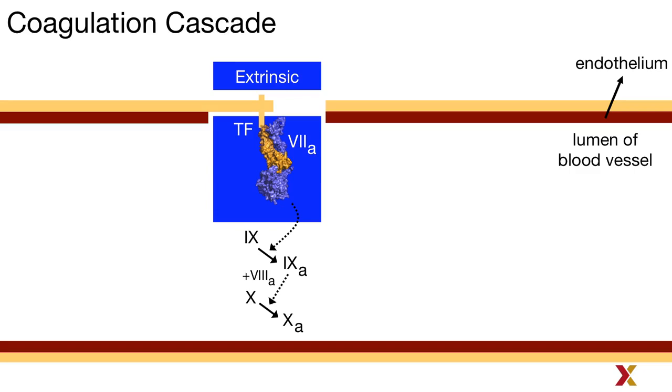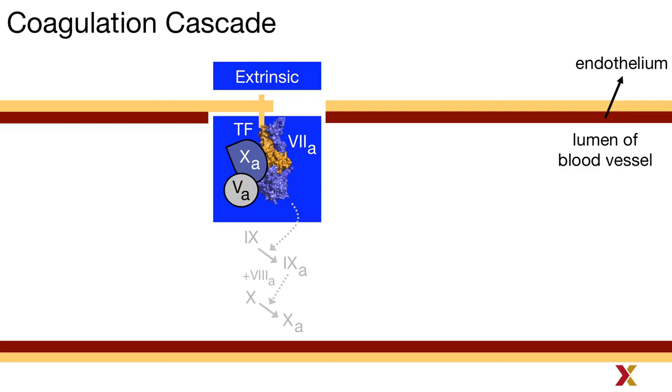Activated factor 9A requires activated factor 8A to convert the inactive serine protease coagulation factor 10 into its active form, 10A. Then factor 10A binds to the complex formed by the tissue factor and factor 7A.